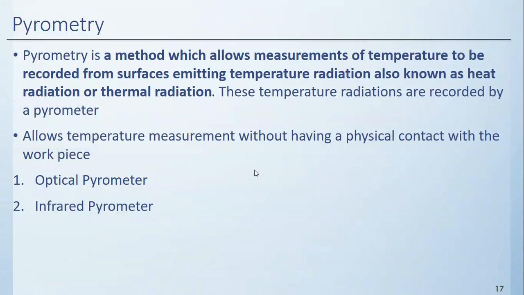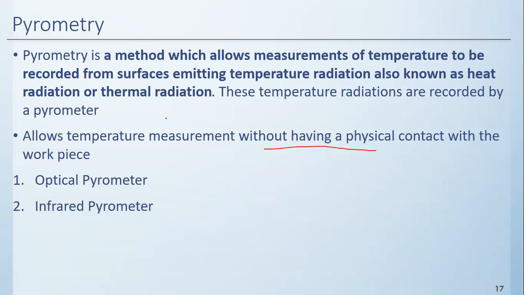If a surface is emitting temperature waves, radiations, then you can collect that temperature radiation and you can measure it. So this is a method of measurement of temperature without a physical contact.